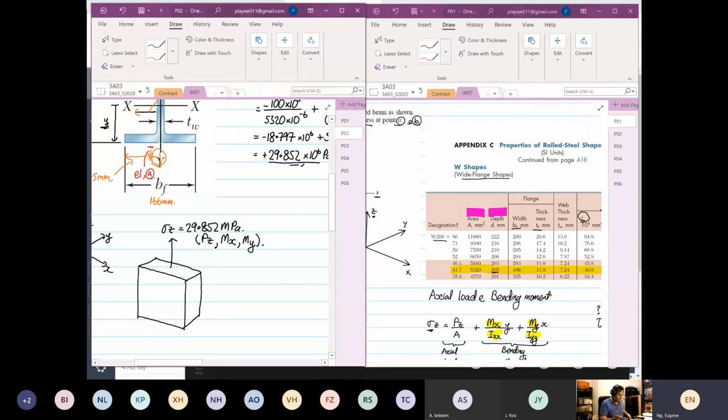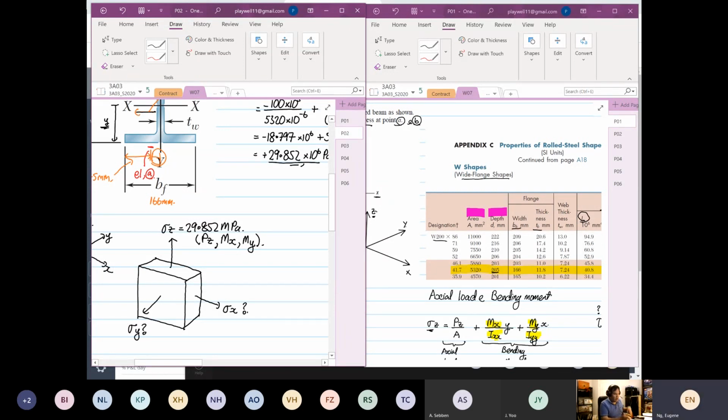So what we want to find out is, do we have stress X and do we have a stress Y?